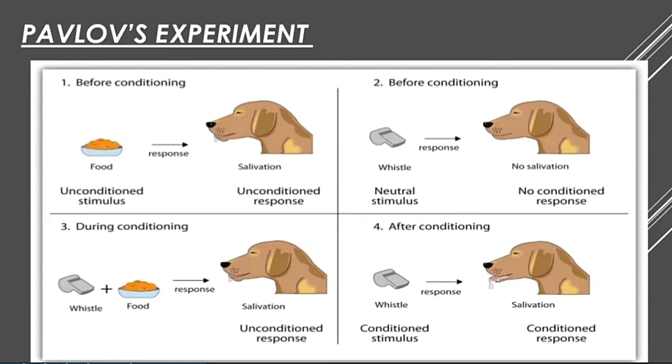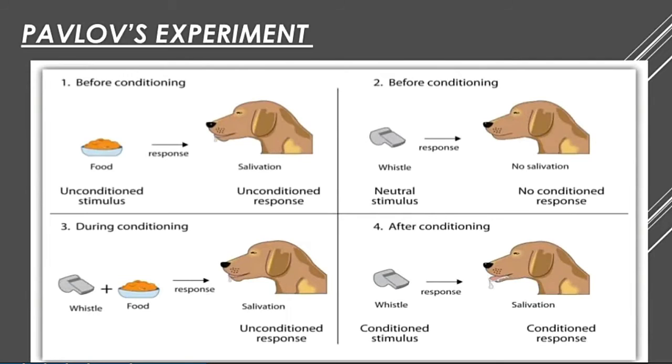Before conditioning, whistle, no salivation. After conditioning, if the whistle is blown, there is salivation of the dog. This is called conditioned response. So every time the whistle is blown, the dog will salivate because of the preconditioning.